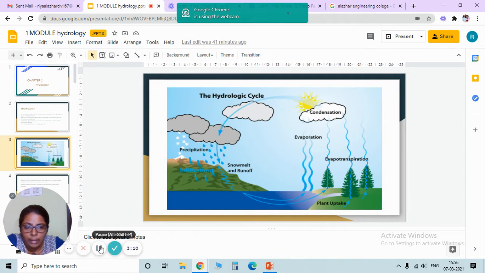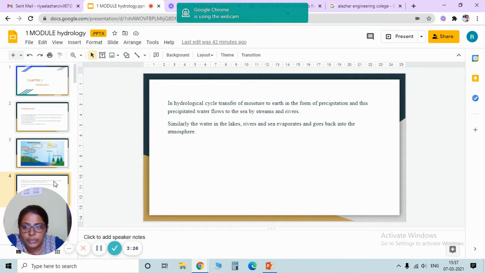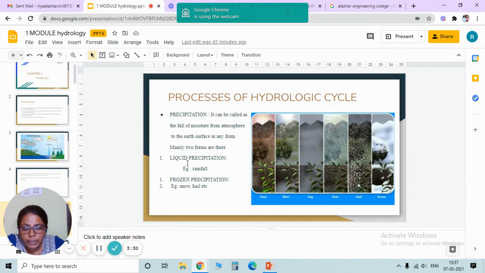I mean, air particles will get condensed there. After this condensation, water will fall down to the Earth's surface in the form of precipitation. And precipitation can be of two types, that is, either liquid precipitation or frozen precipitation.